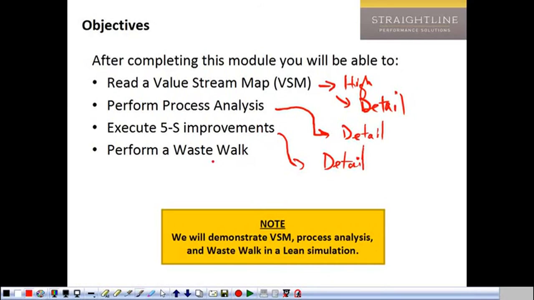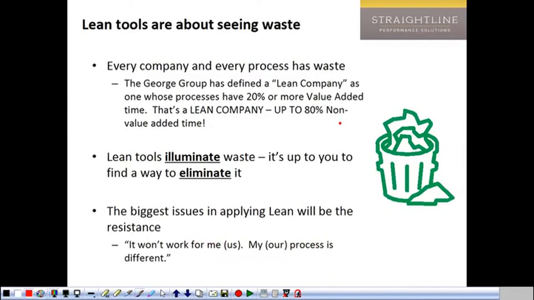And the same with waste walk. The waste walk can be done early, but generally speaking, it is a detail level tool. Okay, so these tools can get you from fairly high level to fairly detailed stuff. So let's cover them through. As I said, lean tools are really about seeing and eliminating waste.